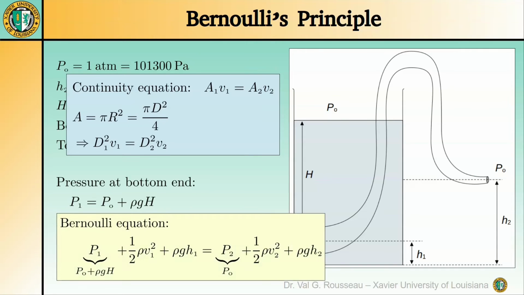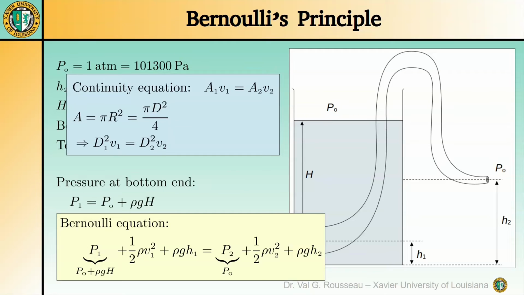Next, we consider the Bernoulli equation, p1 plus 1/2 rho v1 squared plus rho g h1 is equal to the same quantities for the second variables. Now, we just showed that p1 is p0 plus rho gh, and also p2 is just p0.